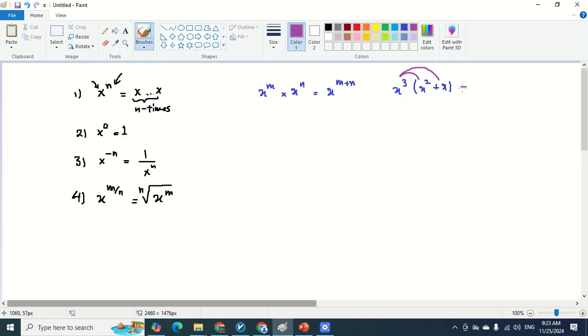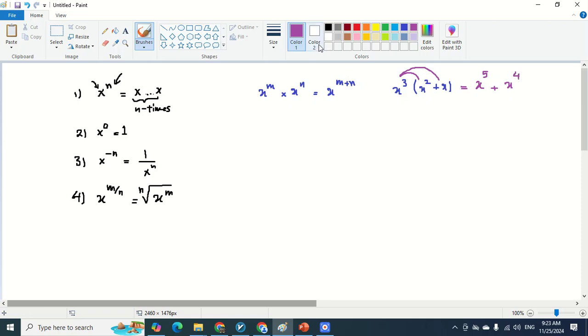When you multiply the first term, because the bases are the same, the result is x, and the exponents should be added. 3 plus 2 is equal to 5, because we have the multiplication of two numbers. For the second term, we have x to the power of 4, because 3 plus 1 is equal to 4 as well.